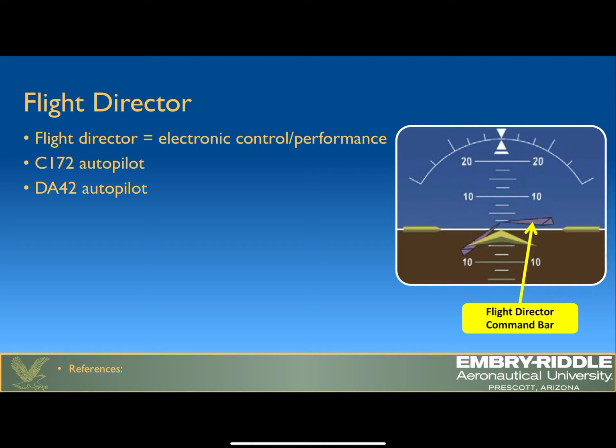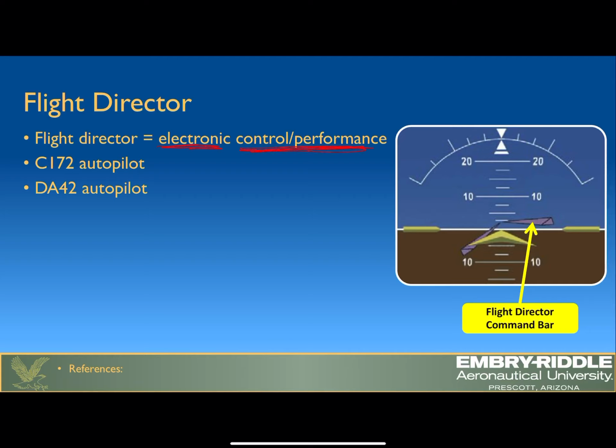Some aircraft will have a flight director. If you have autopilot built into your airplane, your aircraft will have a flight director, or sometimes will have a flight director. The flight director is an electronic version of the control performance method.